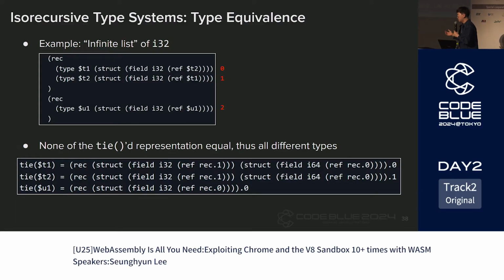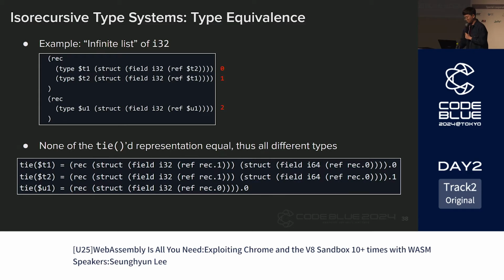We might argue that these are the same type because the unpacked representation results in an infinite list of 32-bit integers. However, none of these tied representations that I've just explained, by recursively referencing them as rec.0 and rec.1, are equivalent. None of these are equivalent, so we consider all of these as different types.